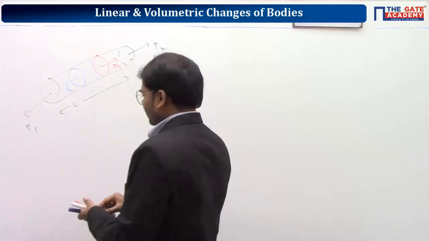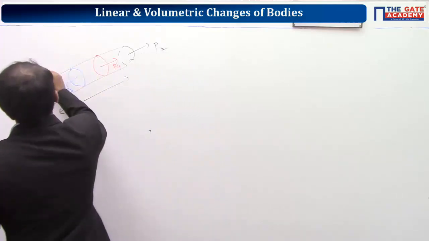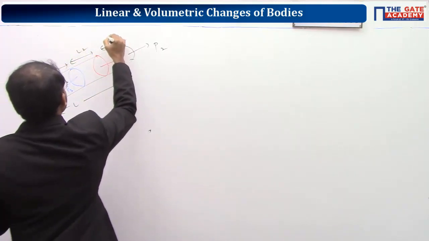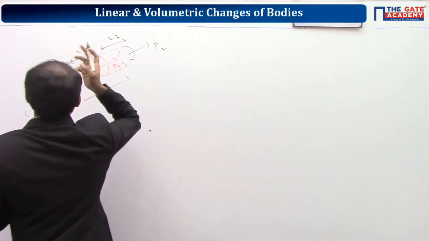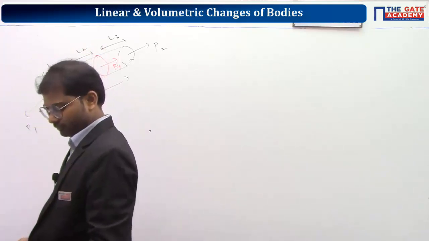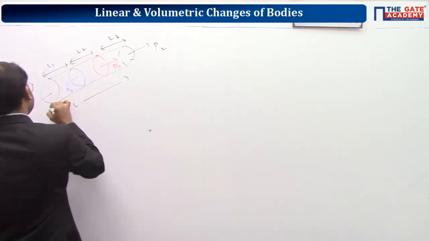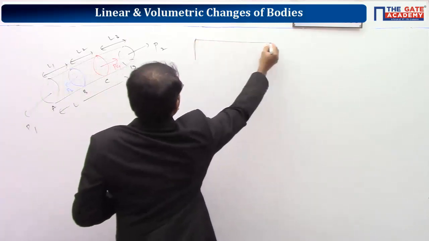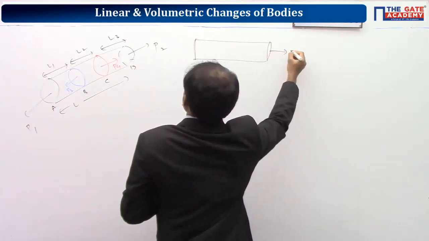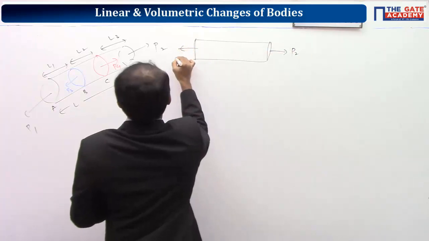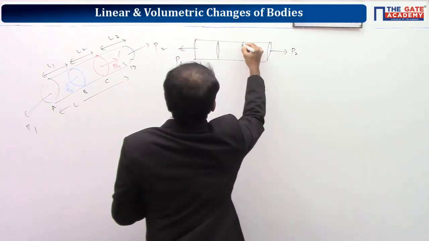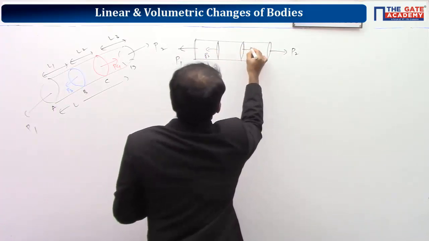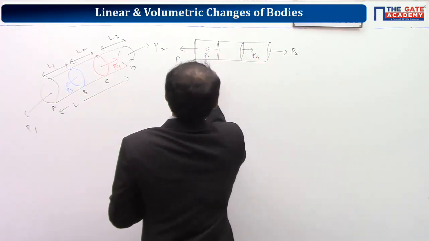So total length is equal to L, and you can take this part is equal to L1, this part is equal to L2, this part is equal to L3, and you can give the names as this one as A, this one as B, this one as C, this one as D. So here there is P2, so here there is P1, so here there is P3, this is P4.